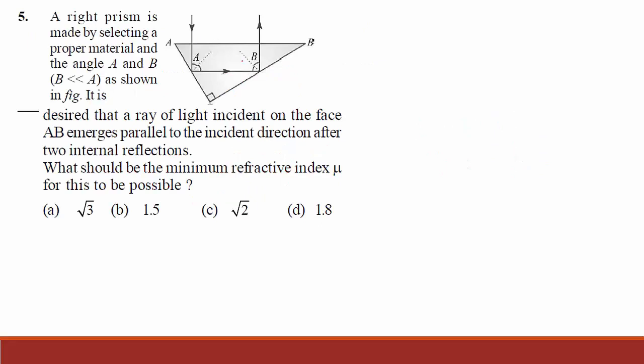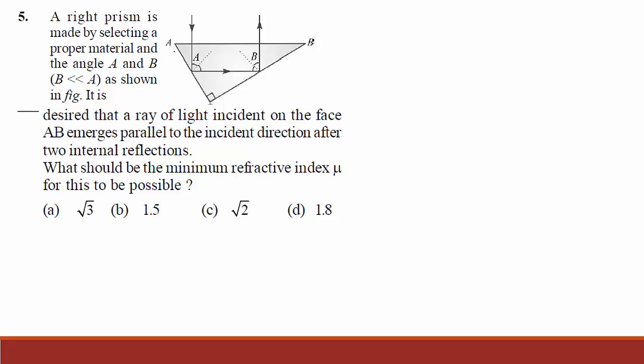A right prism is made by selecting proper material and the angles A and B as shown in the figure. Here B is smaller than A. It is desired that a ray of light incident on the face AB emerges parallel to the incident direction after two internal reflections.